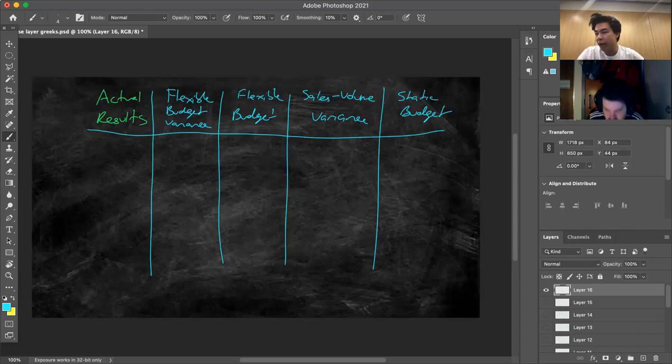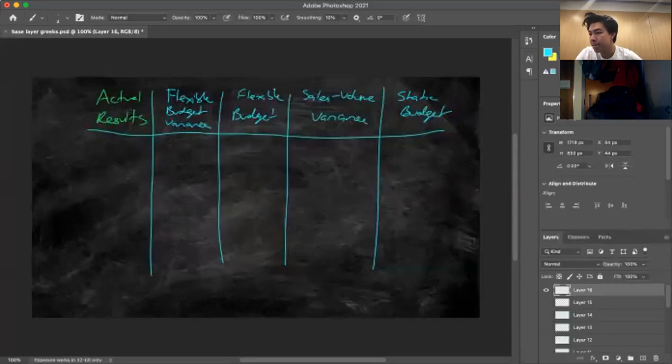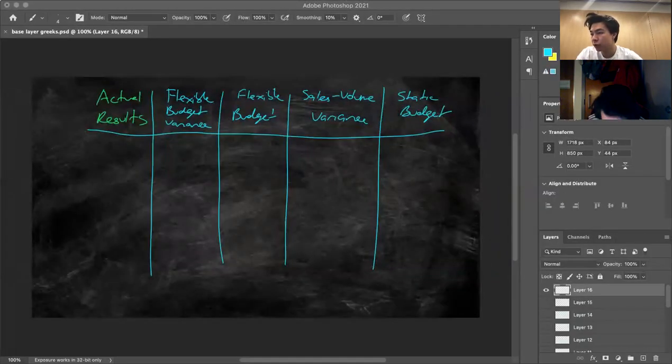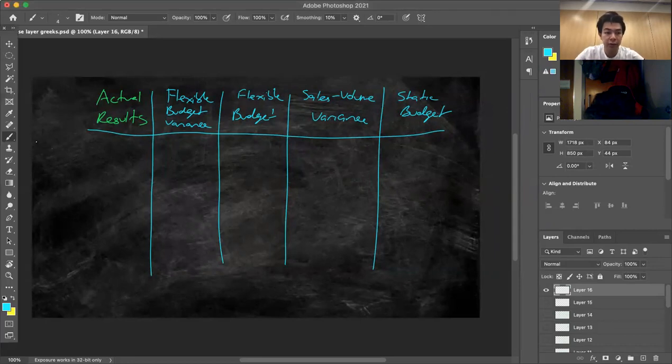So we create that, but then we can't create all the rows. Let me think about this actually. It's been a while. Okay, so there's a couple things we can use here. We can put down units sold. I'm still making the chart, but I'm following along.